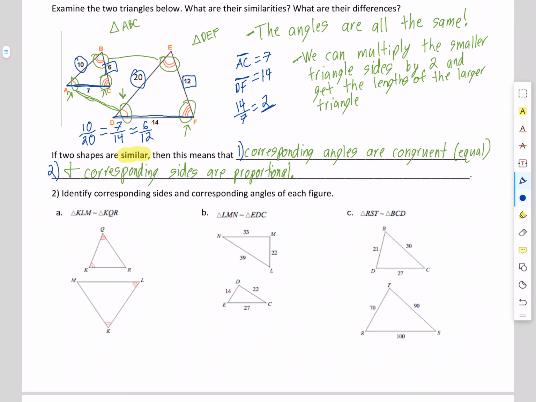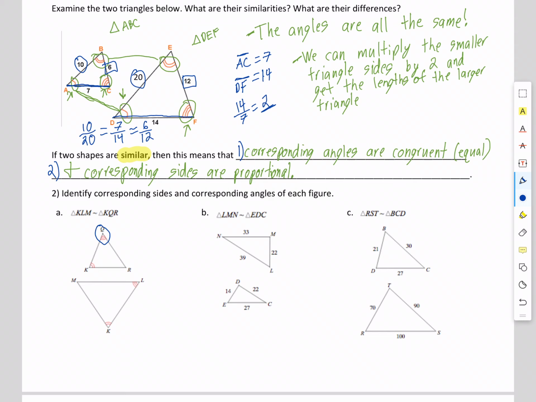Okay, so just a little bit of extra practice. This first video may be a little bit longer, but if we look at it, to identify some of these corresponding sides and the corresponding angles. So these figures are all what we would call proportional. If we look at angle Q, that has the 3 lines.